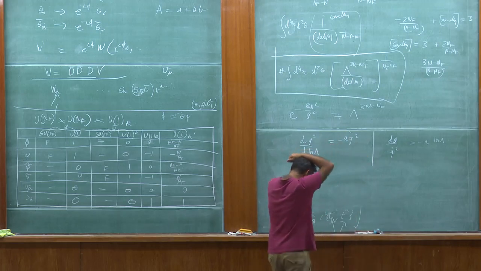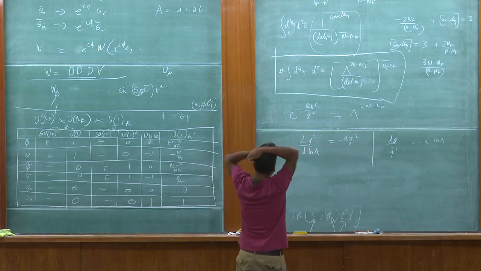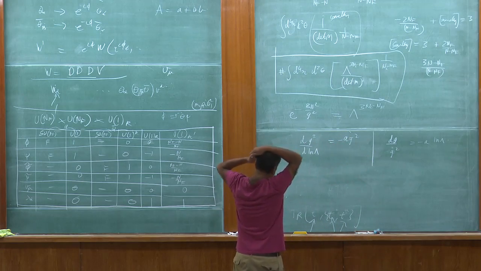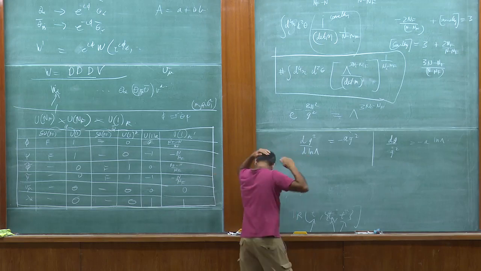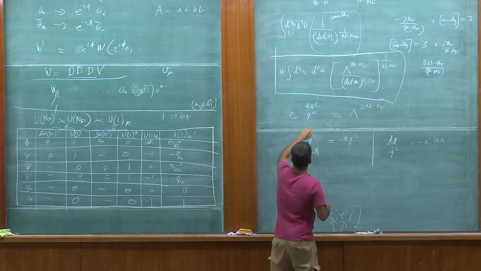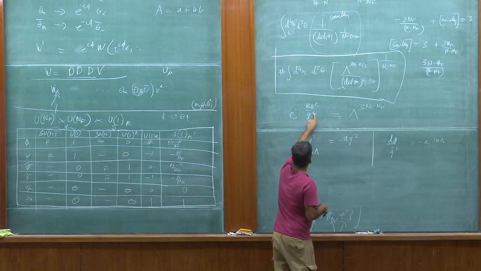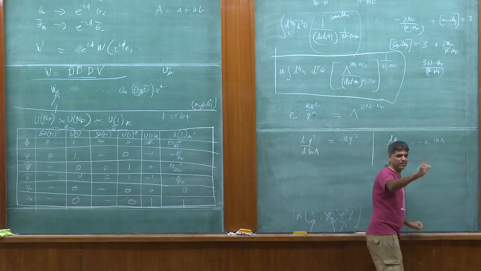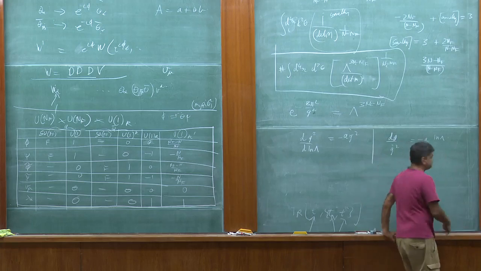Maybe I may have g rather than g square. Let me do it and then we'll see.